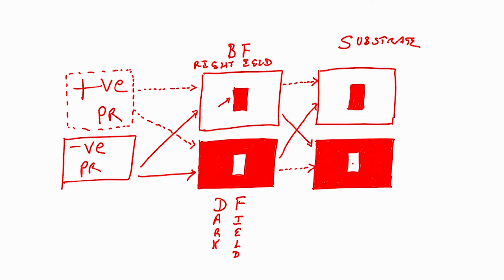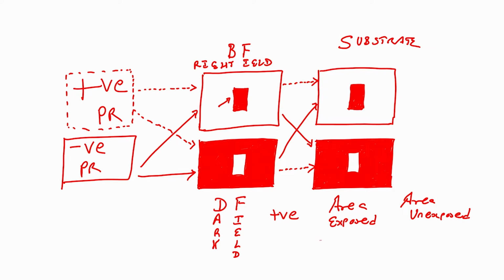That means that if I am using positive photoresist, then the area which is exposed and the area which is unexposed, exposed and unexposed with respect to UV light, right.